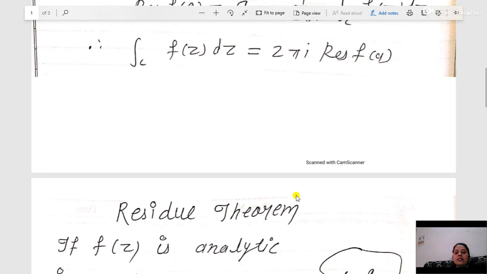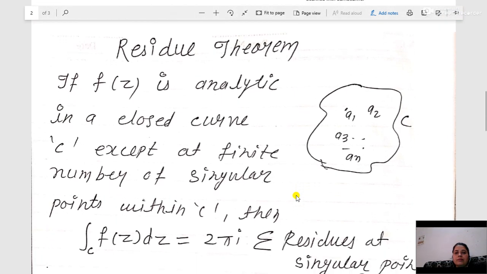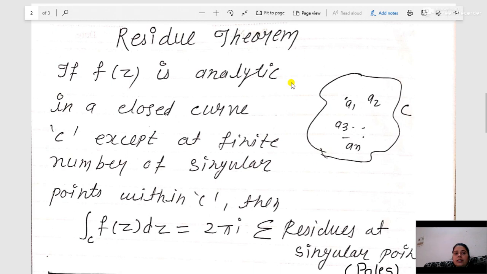Next, we will see the residue theorem. Residue theorem is a very important theorem in complex integration. So let's see what the residue theorem says. If f(z) is analytic in a closed curve C, except at a finite number of singular points.